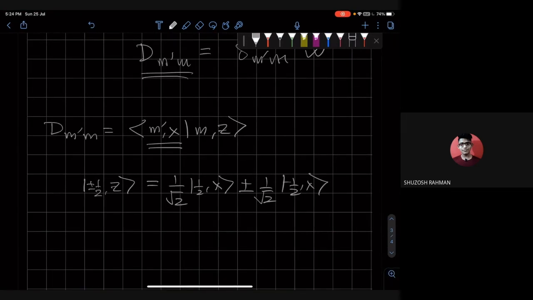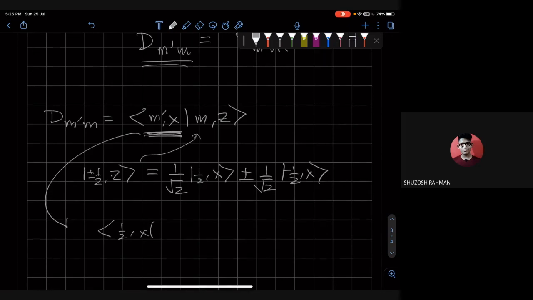And now if I plug one of these in here, this thing can either be half X, or it can be minus half X. So if I take the inner product of this and this, will it ever be 0?